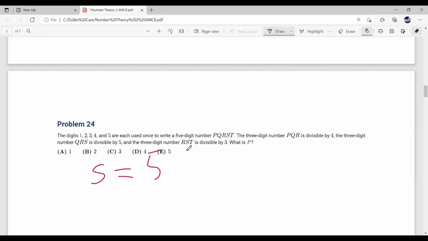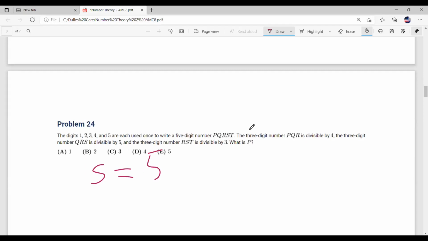We also know that for the 3-digit number PQR to be divisible by 4, the number must end in an even digit, so R would be 2 or 4. And we also know that QR must be divisible by 4.